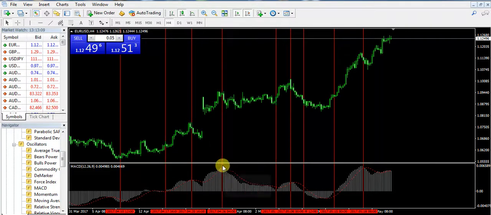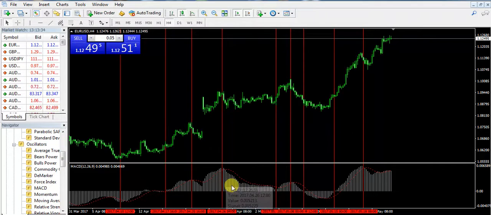Here we can see that a top formed on the MACD, that the bar started pulling down below its own moving average, warning us that the market direction might change, or the market might go into a range. And that is exactly what happened. The market went into a range.